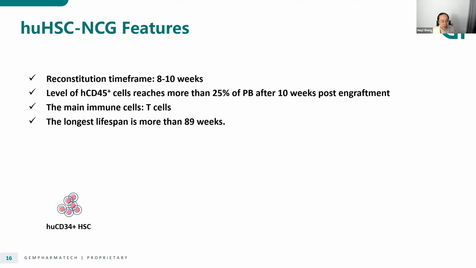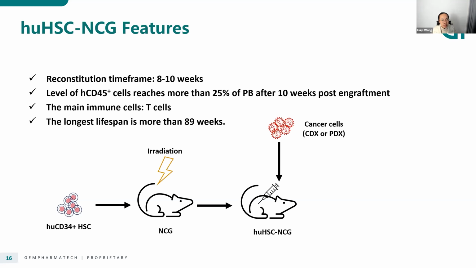And the longest lifespan is more than 89 weeks, which means that the HSC-NCG mice have a very long window period to conduct efficacy studies or to do some research.